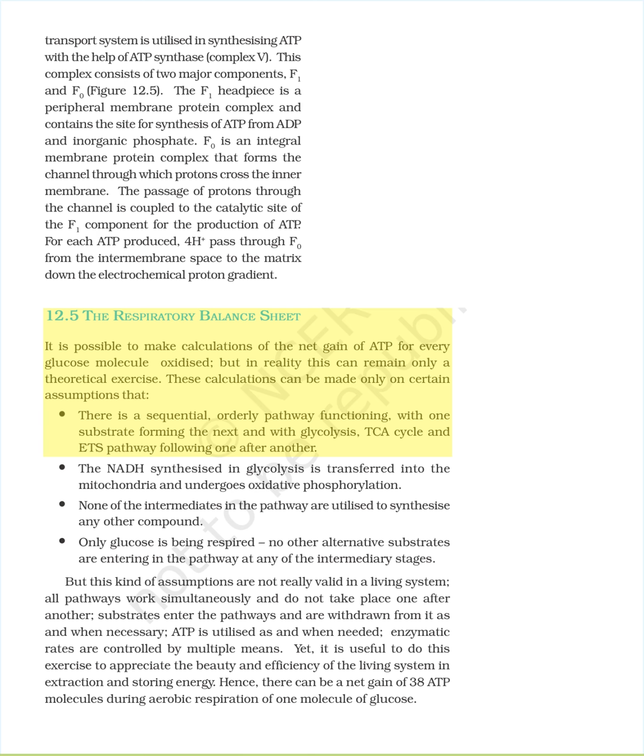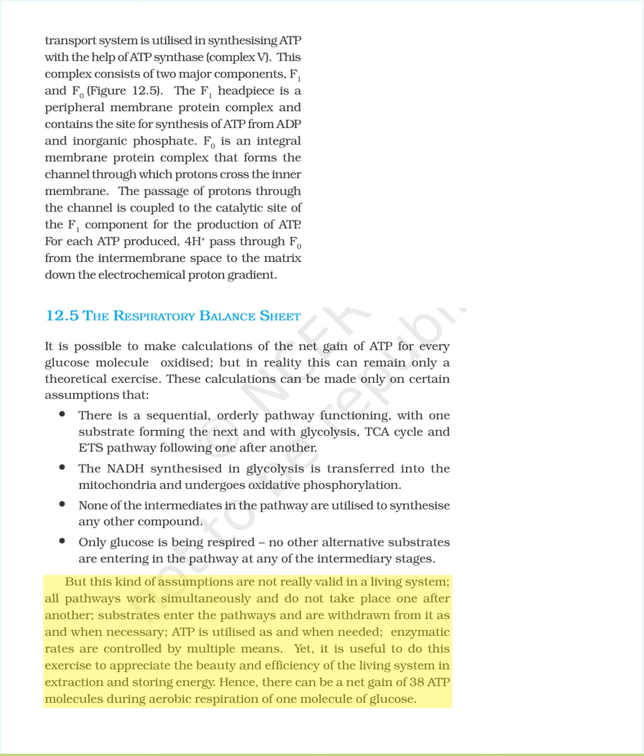These calculations can be made only on certain assumptions: that there is a sequential, orderly pathway functioning, with one substrate forming the next and with glycolysis, TCA cycle and ETS pathway following one after another; that the NADH synthesized in glycolysis is transferred into the mitochondria and undergoes oxidative phosphorylation; that none of the intermediates in the pathway are utilized to synthesize any other compound; and that only glucose is being respired, with no other alternative substrates entering the pathway at any of the intermediary stages.